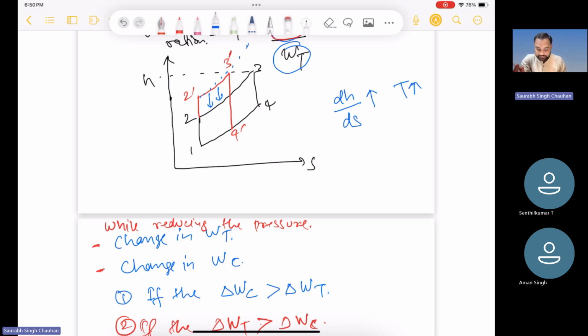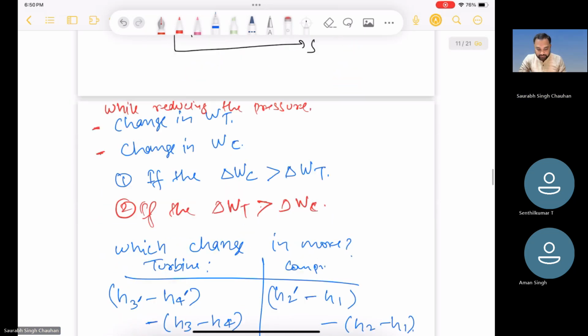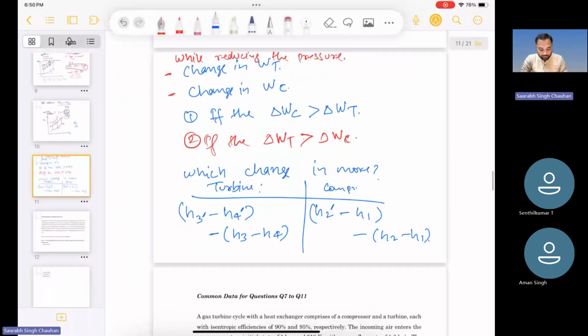And if the slope reduces with the temperature, then when you are increasing the temperature, it is becoming more flat, right? So you need to check the slope of these curves.